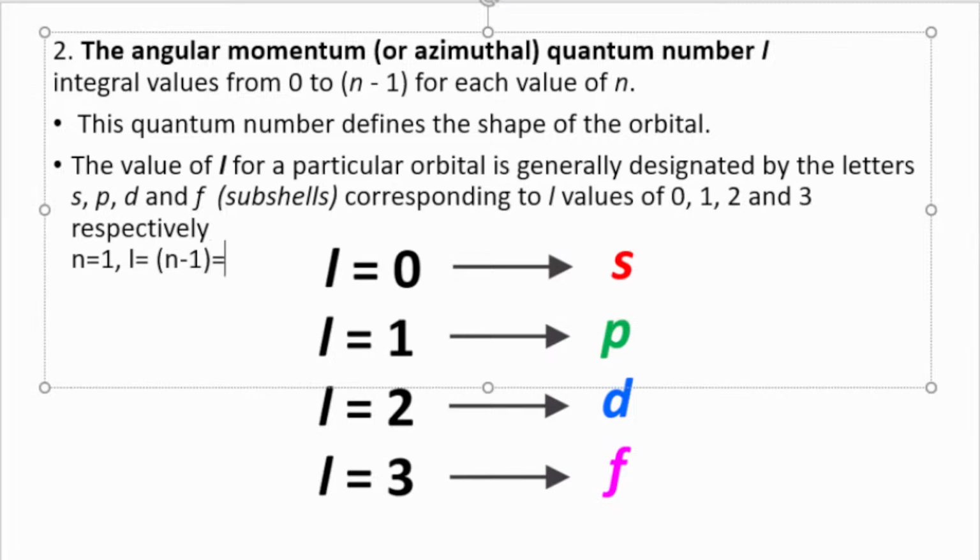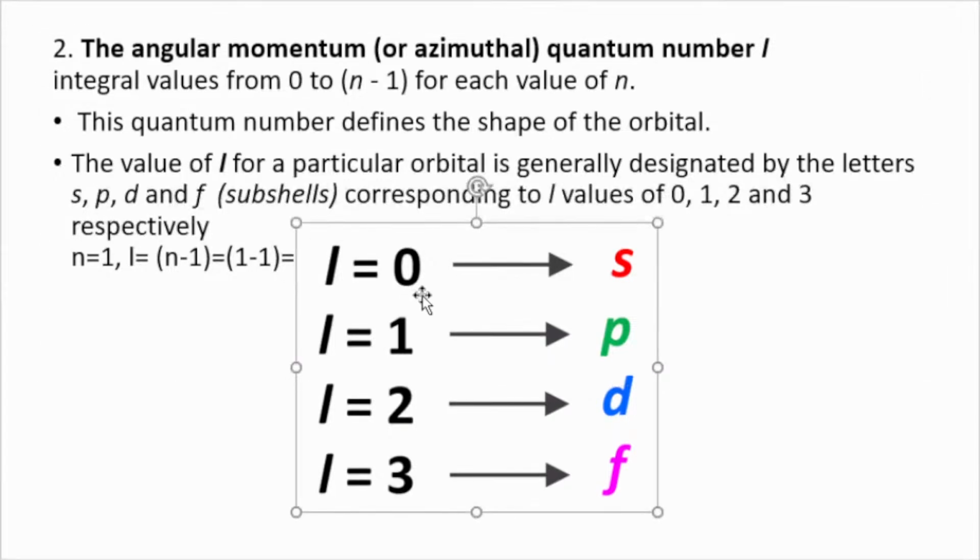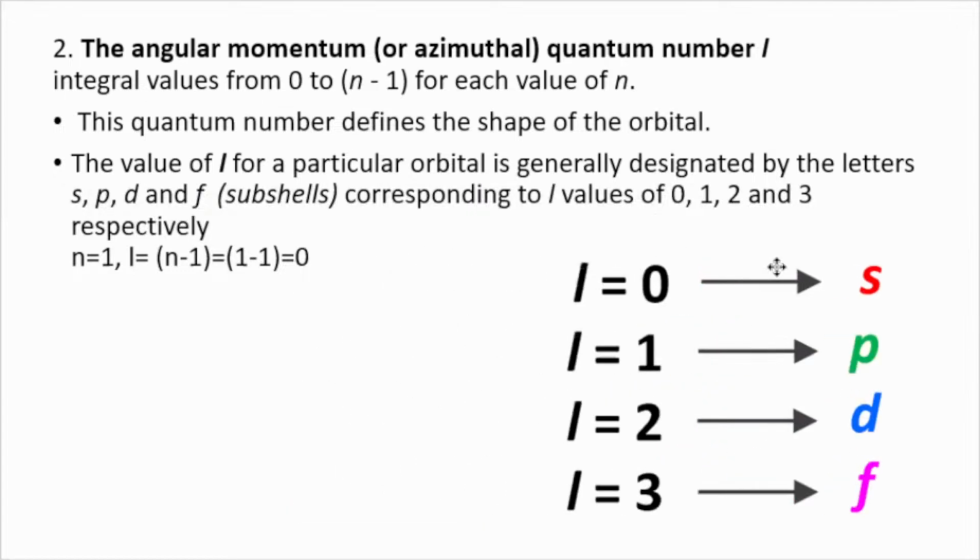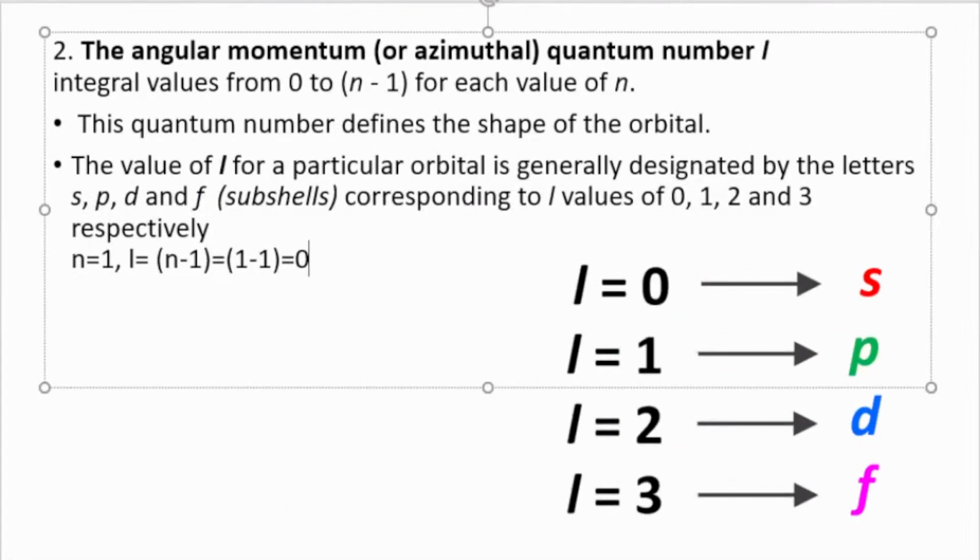If n is 1, here 1 minus 1 is 0. Okay, that is what you are getting from here. Okay, for the second energy level, n is equal to 2. L can be taken as n minus 1.